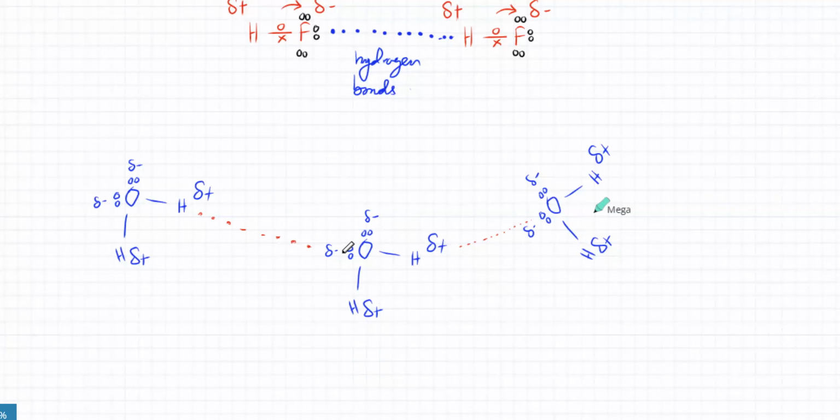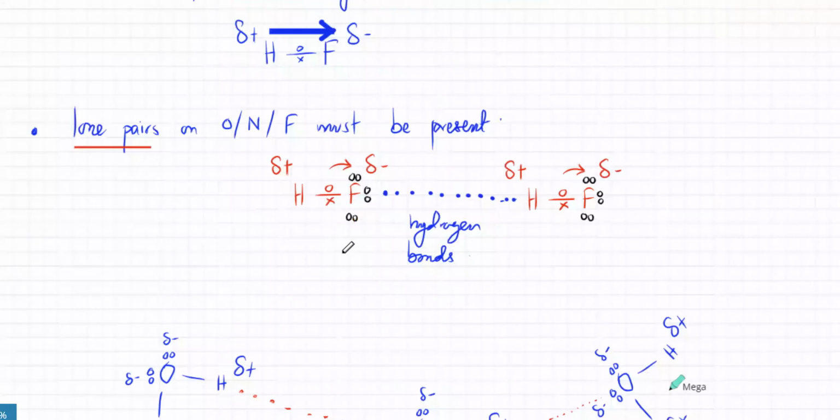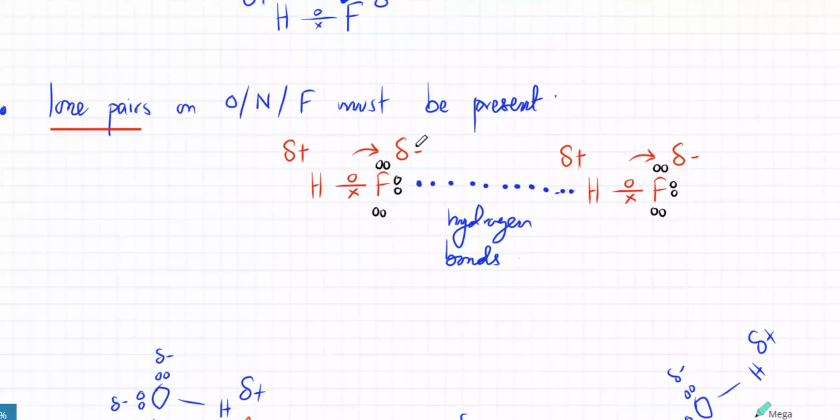Sir, it can't be that there are no lone pairs, right? No, for hydrogen bonding the lone pair is a must, because hydrogen bonding is extreme for a reason. Why was fluorine's negative charge so large? Because lone pairs contributed to the negative charge. So is this important for dipoles? No, it's not important for dipoles. A dipole can form in anything, but this extreme version of a dipole, which is a hydrogen bond, can only form if the most electronegative element, like fluorine, oxygen, or nitrogen, is directly bonded to H, resulting in a very polar molecule.